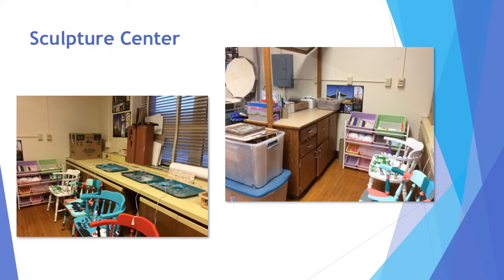There are some chairs that some of my students are working on painting that were donated, so those are kept back there. They're not always there, but they are for now, so we move them around. On the back corner, there is a cardboard box, which cardboard is kept in.